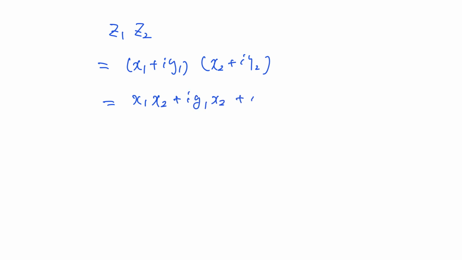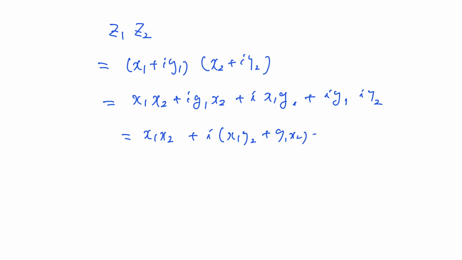Multiplication, z1 z2. (x1 + iy1)(x2 + iy2) = x1x2 + ix1y2 + iy1x2 + i²y1y2, and i times i is minus 1, right?